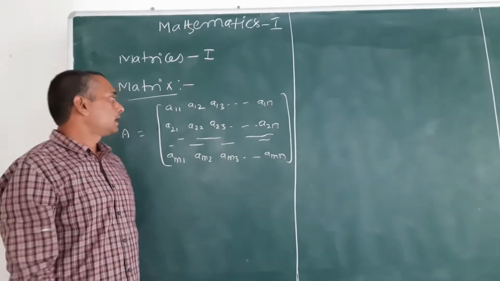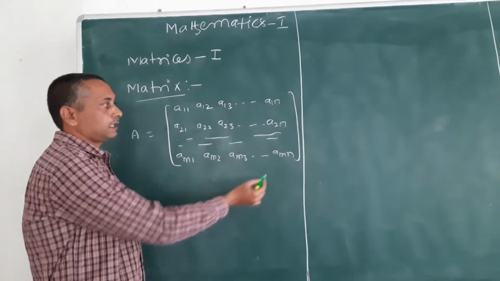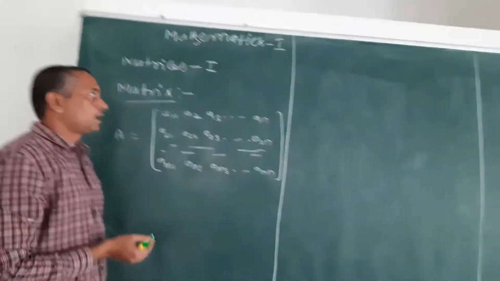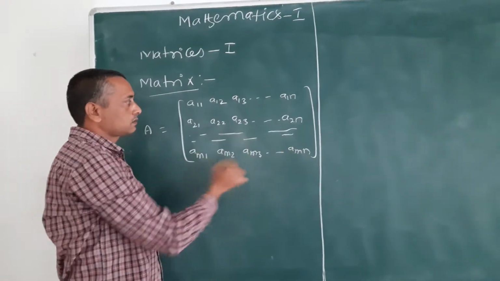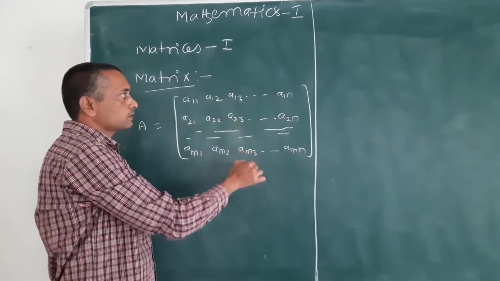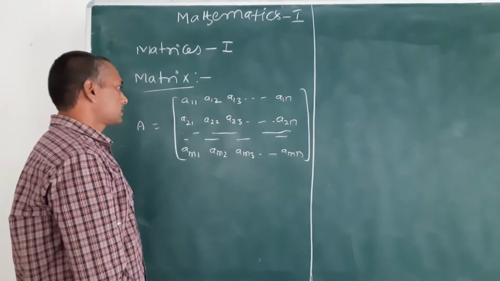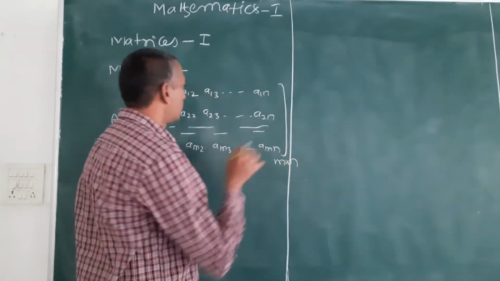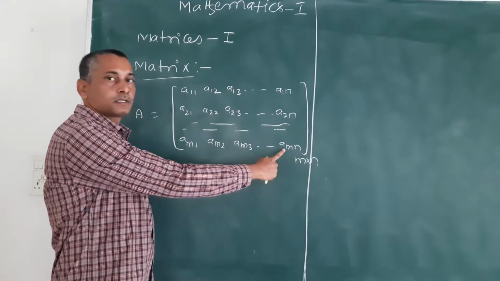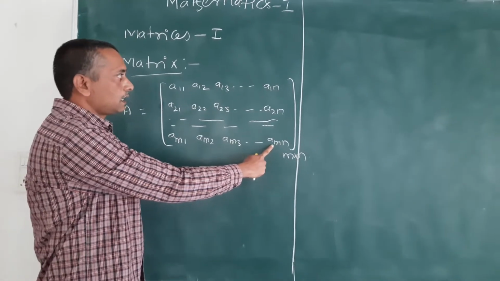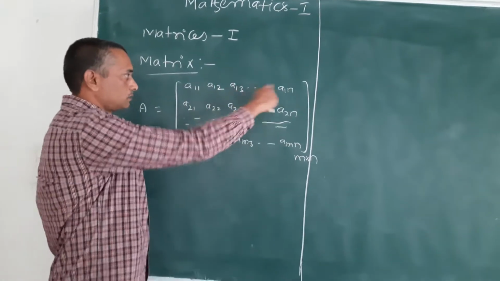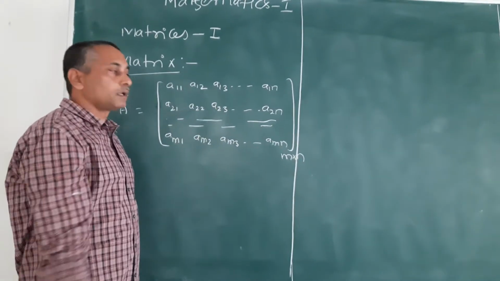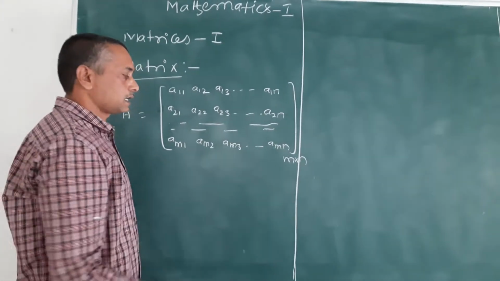What is matrix? A set of mn elements arranged in the rectangular form of m rows and n columns is called a matrix. The order of the matrix is m by n.